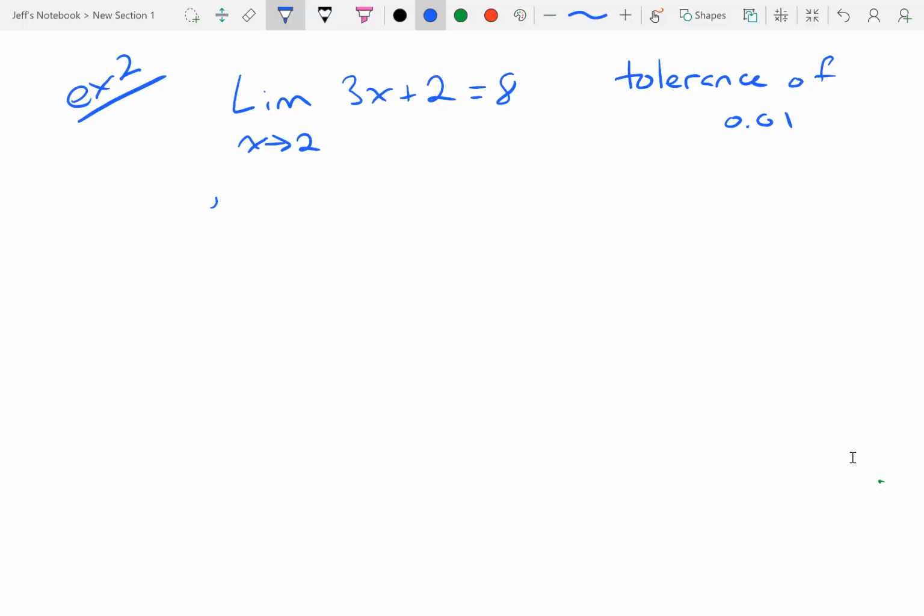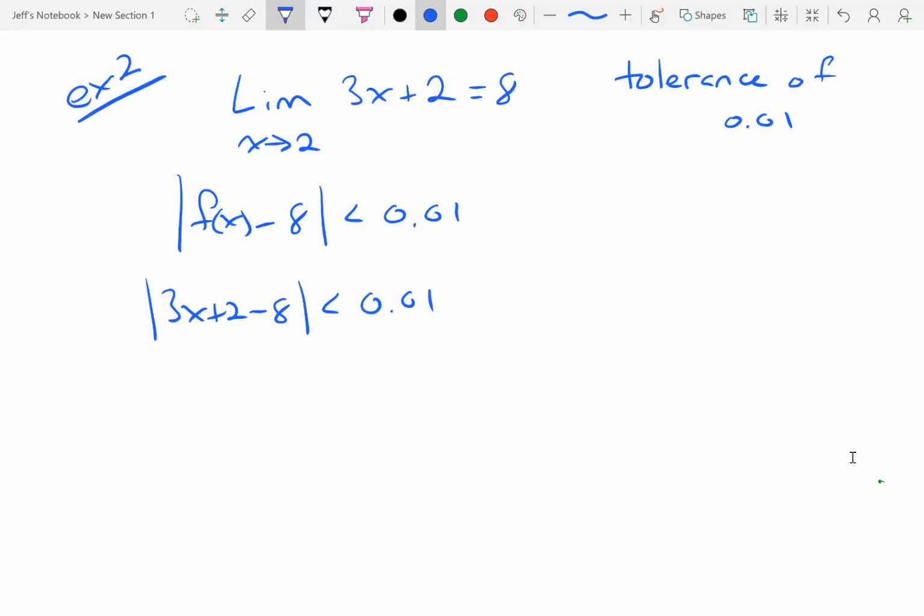So where do I start? I start with the absolute value of f of x minus 8, the limit, less than that tolerance of 0.01. Then I'm going to just do some math. f of x is 3x plus 2 minus 8. That has to be less than 0.01. Then this becomes the absolute value of 3x minus 6 less than 0.01.